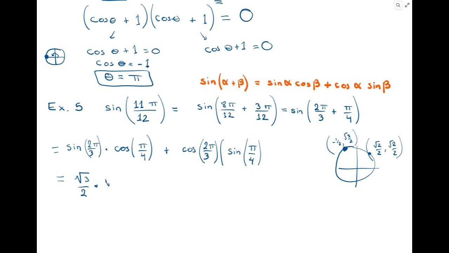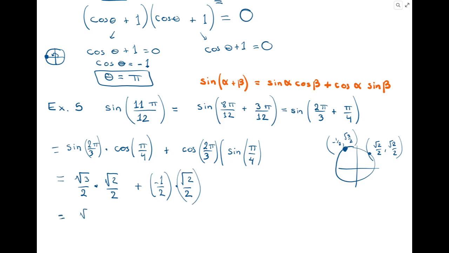So the cosine will be root 2 over 2, plus cosine of 2 pi over 3. So we're back to that, and the cosine will be negative 1/2 times the sine of pi over 4, which will just be the square root of 2 over 2.